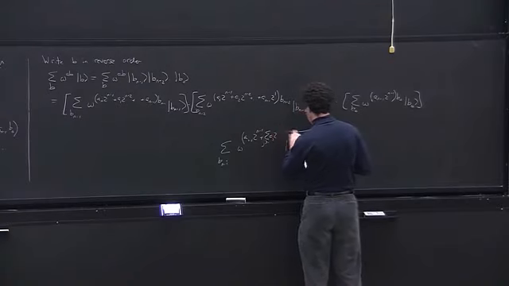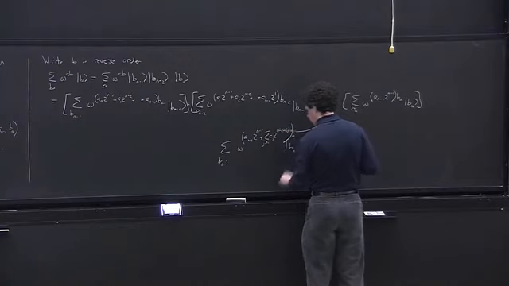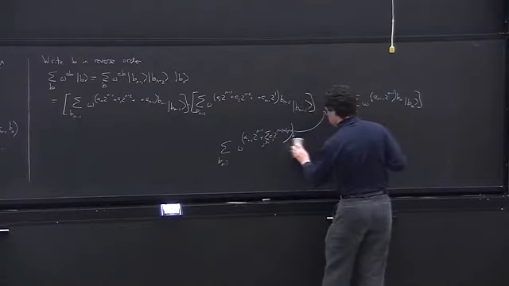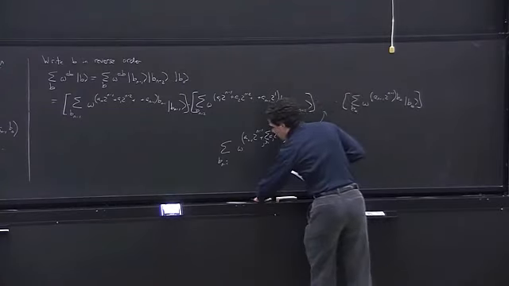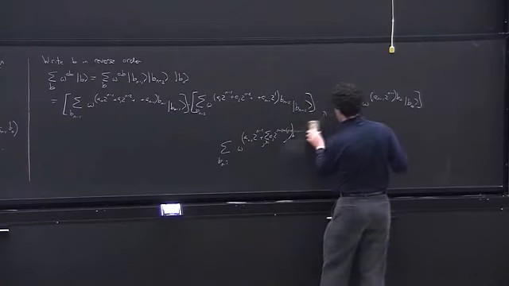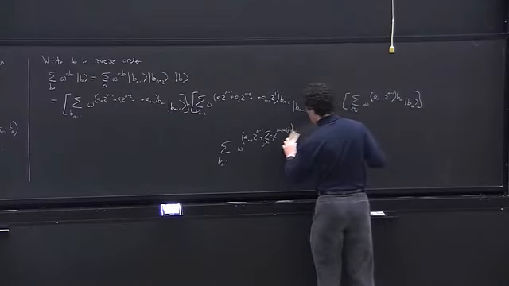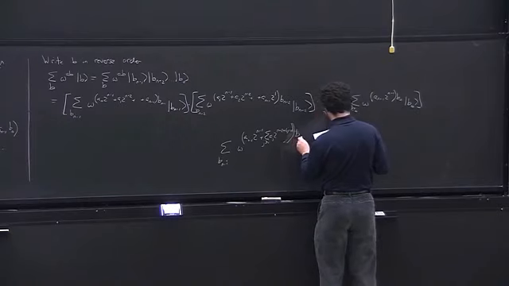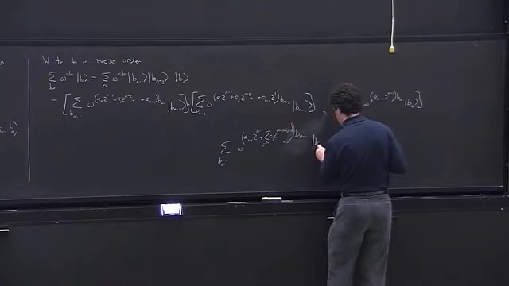a_j 2^{n-2-j-i}. And then this thing, sorry, I didn't leave enough space. This thing times b_{n-i}, and we have the ket b_{n-i}.